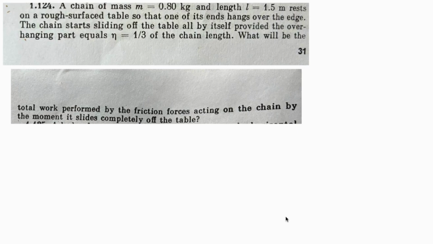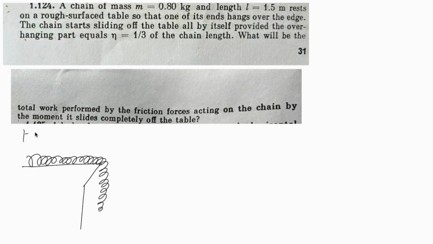Okay, it's a very good question. In fact, many students feel heavy looking at such chain related questions, but today let us solve this with ease. So the first thing is, let's consider a table and a chain which is on the table and some part of the chain is actually hanging.